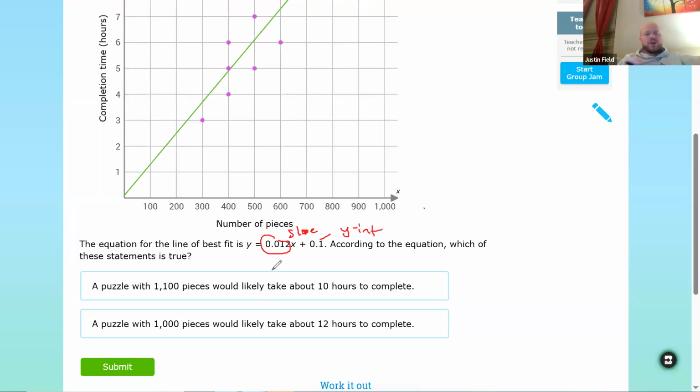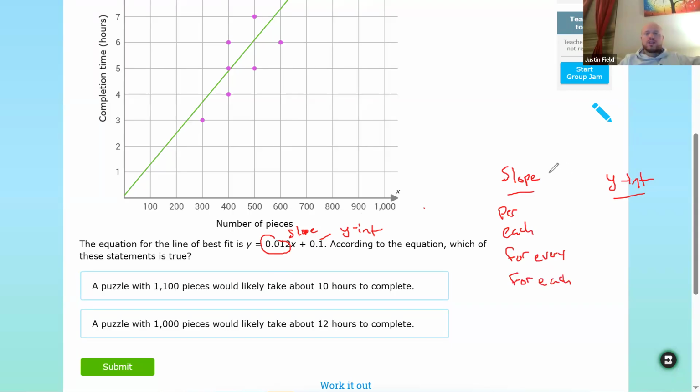Okay, so I don't know if we've talked about this yet, but even if we have, it's a great time to review. Slope: we have some slope words like per, each, for every, for each.